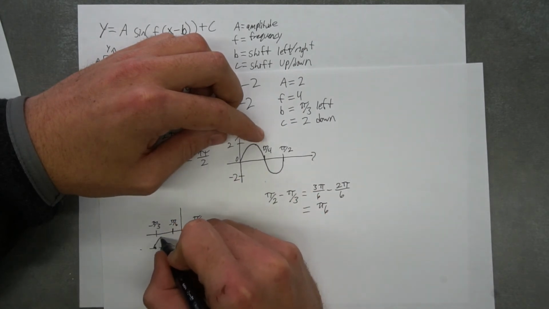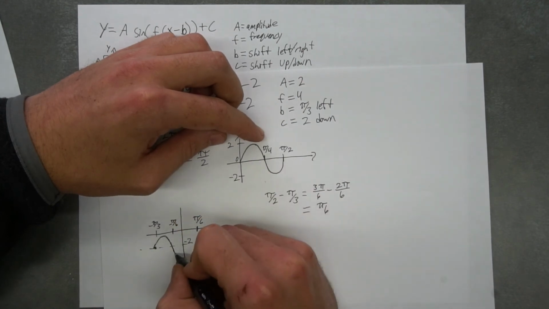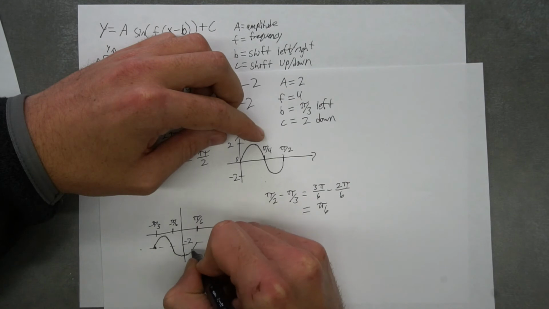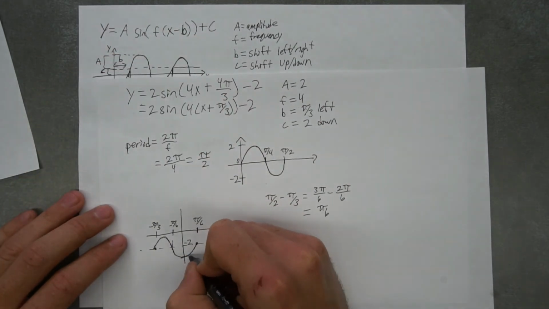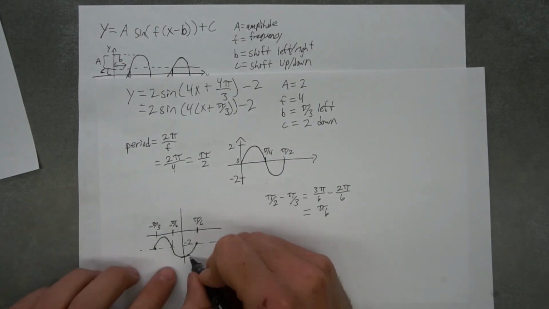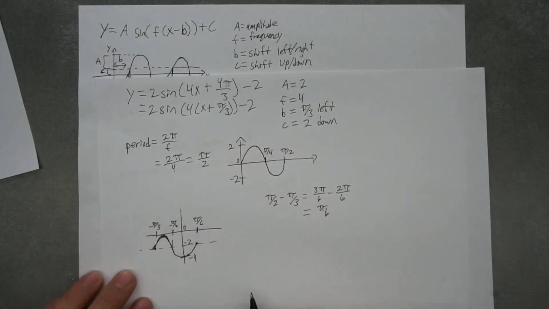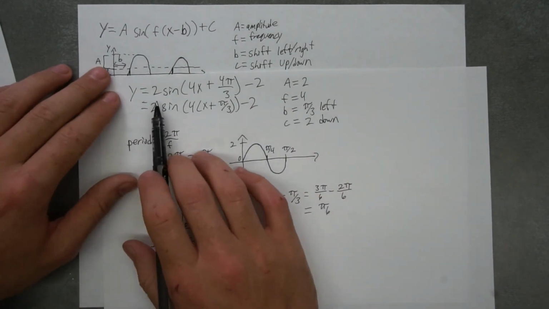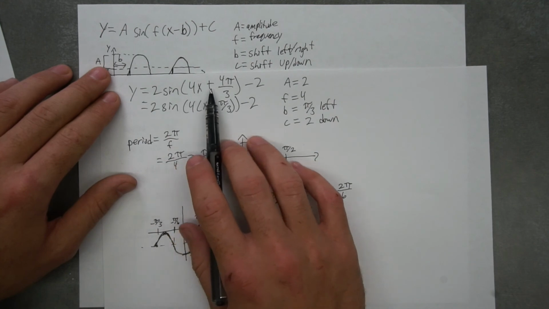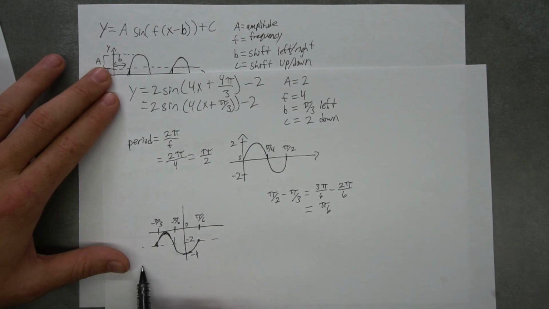So we are going to go up, cross down through this, go over, and have our minimum be at negative 4, our max peak go up to 0. So in the end, this function, y equals 2 sine of 4x plus 4 pi over 3 minus 2, will have a graph that looks like this.